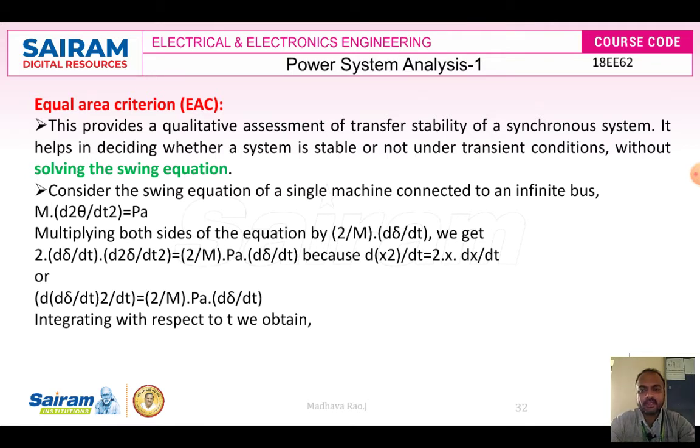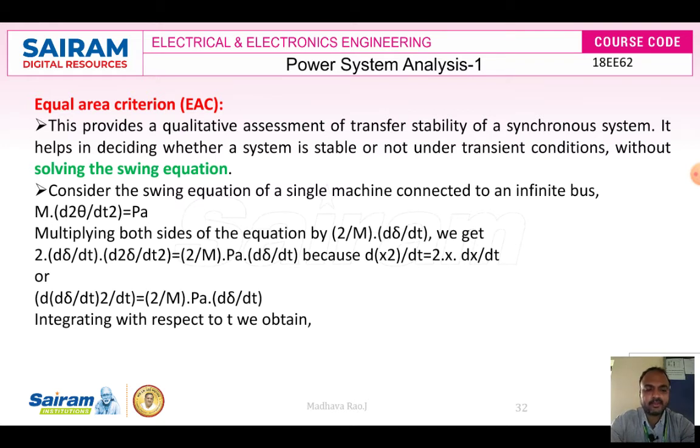Coming to the equal area criteria. EAC provides a qualitative assessment of transient stability of a synchronous system. It helps in deciding whether a system is stable or not under transient conditions without solving the swing equation.